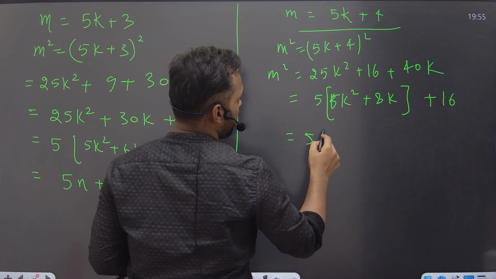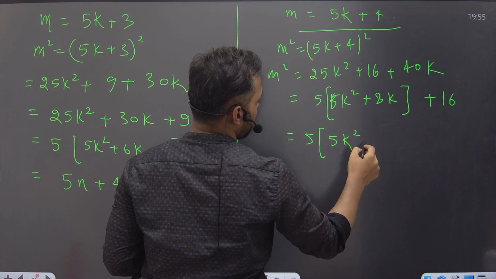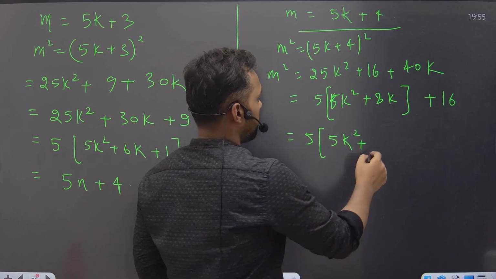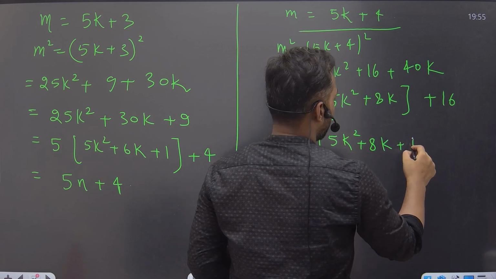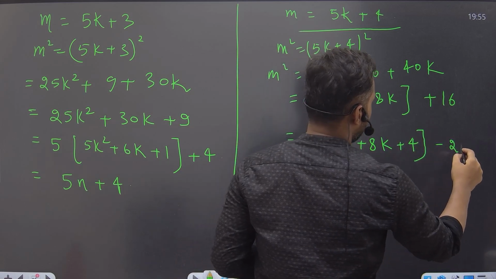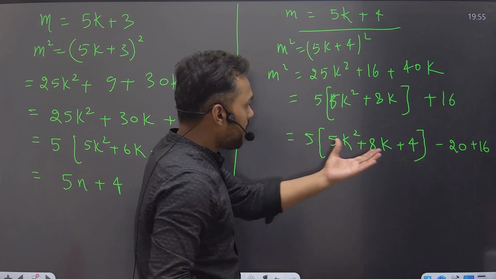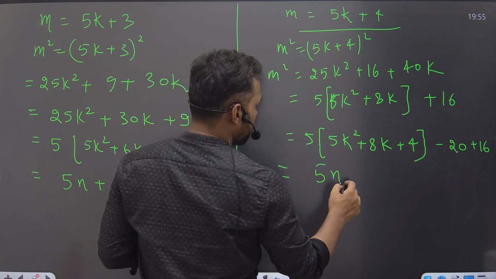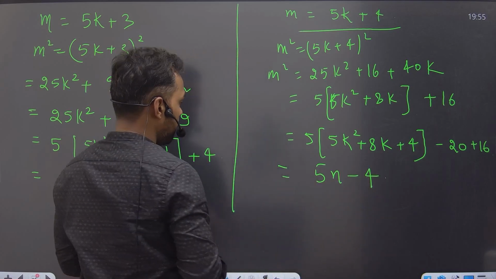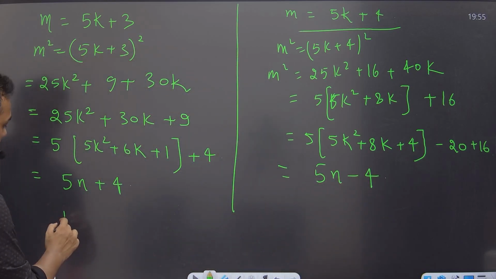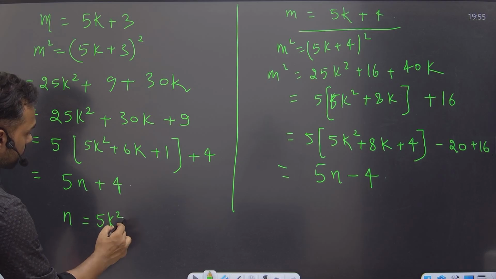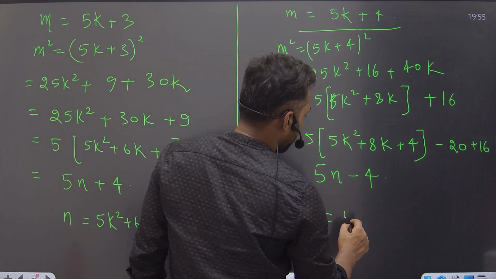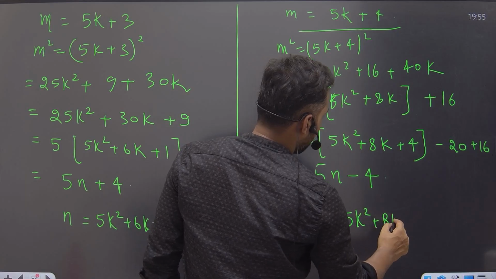Now for 5k square plus 8k plus 4, you will get negative 20 plus 16. I am arranging this term, students, so don't get confused. So it could be written in the format of 5n minus 4, where n is 5k square plus 6k plus 1, and n here is 5k square plus 8k plus 4.